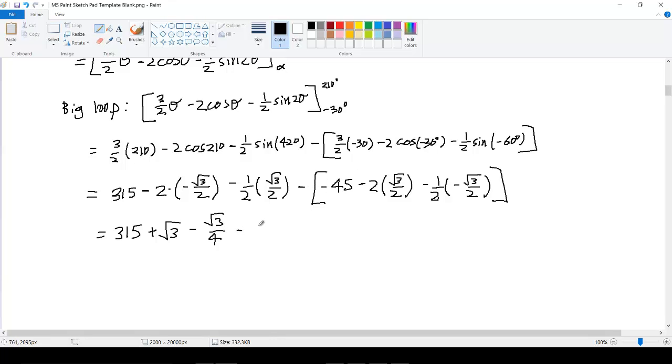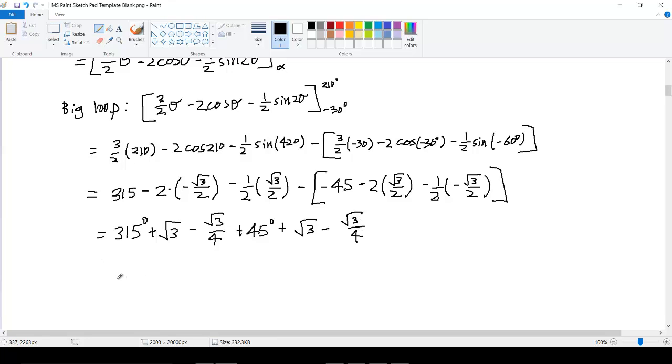This one will be minus negative, so you get plus 45. Some of these things are in degrees. Here will be plus plus, so that's positive root 3. And here, 3 negatives in a row, so that will be negative root 3 over 4.